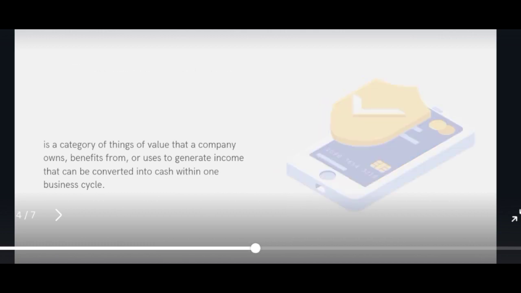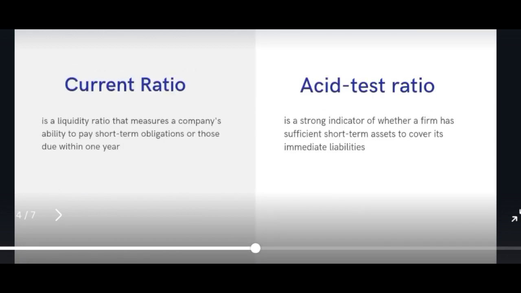Next is the current ratio. Current ratio is a liquidity ratio that measures a company's ability to pay short-term obligations or those due within 1 year. So, may nasabi po ditong term na liquidity. So, ano ba ang sabihin ng liquidity para mabilis nating maintindihan? Ang liquidity ay yung ating cash or yung ating assets.